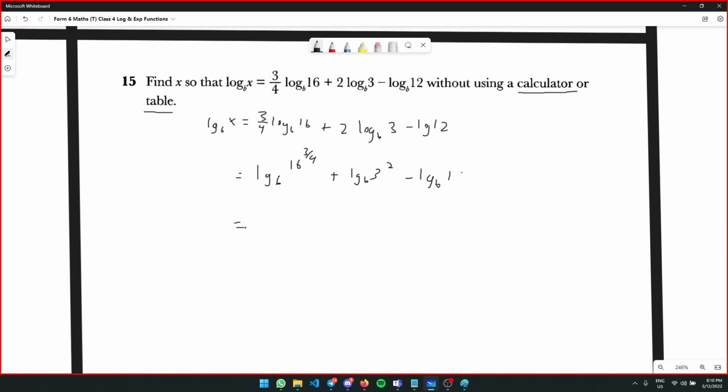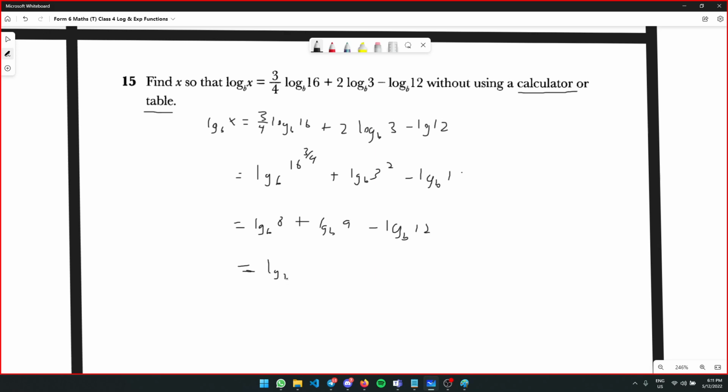So log b 3 squared minus log b 12. How much is 16 to the power of 3 over 4? I think you'll get 8. So that'll be log b 8 plus log b 9 minus log b 12. Then you just have 8 times 9, that is 72, so that'll be log b of 72 over 12.